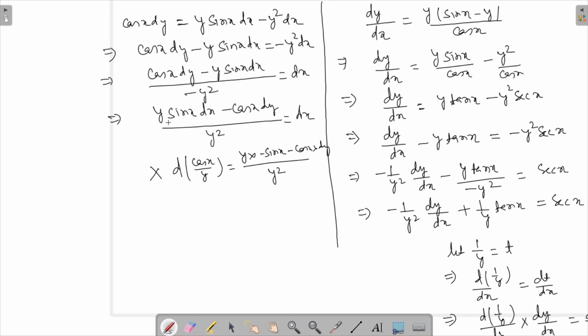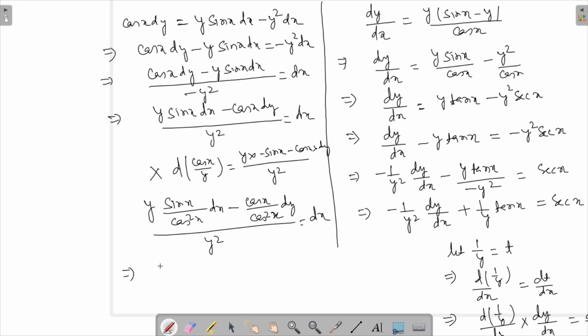So again, if you look very carefully, what you can do is divide both sides by cos square x. What will happen? This will become sin x upon cos square x dx, and minus cos x upon cos square x dy, and this will be upon y square equals dx.